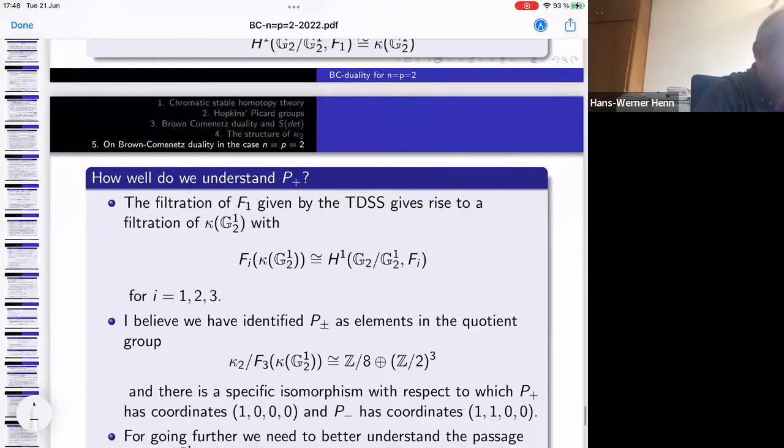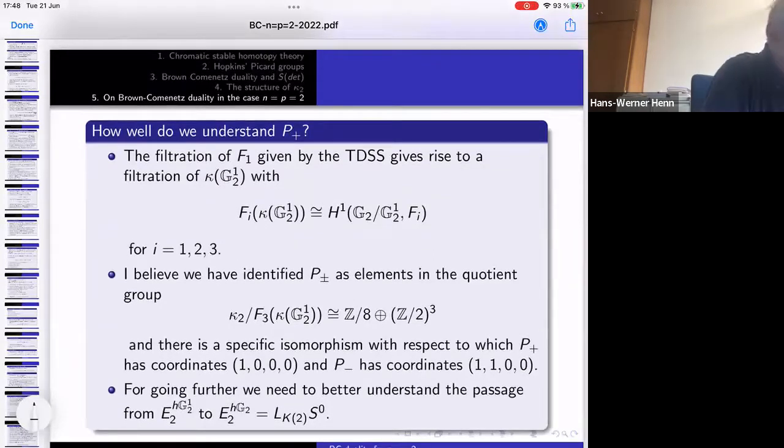For going further, we would need to better understand the passage from E2HG21 to E2HG2, the homotopy fixed points with respect to the full Morava stabilizer group, which is equal to the K2 local sphere.